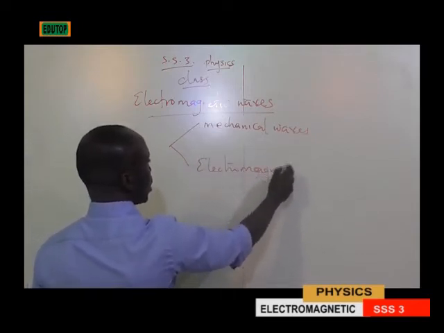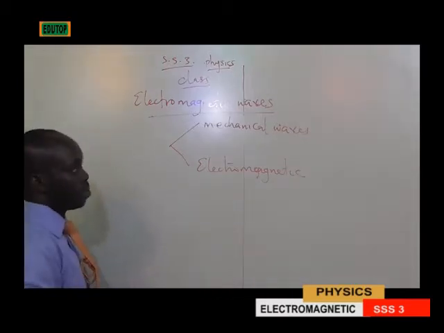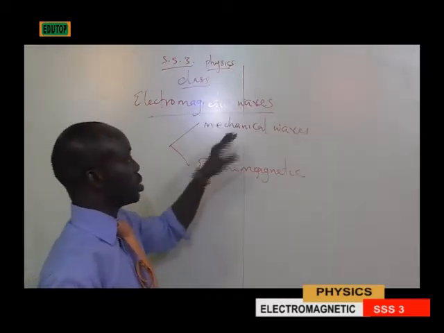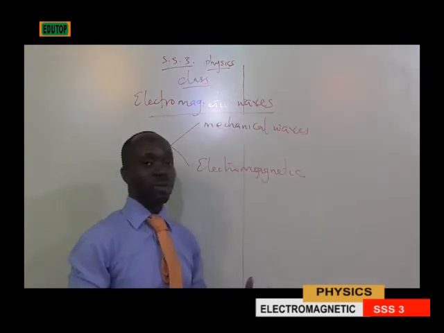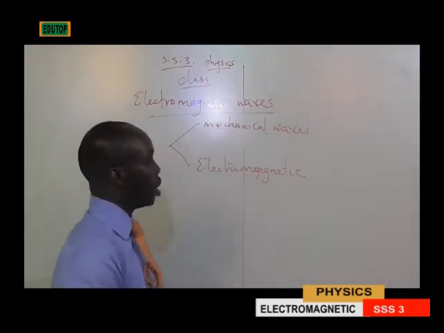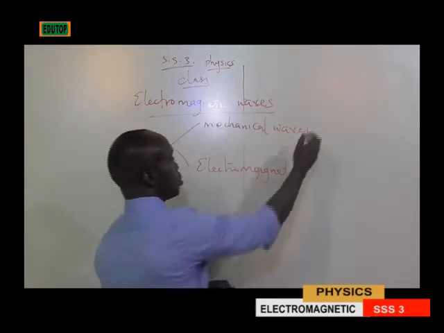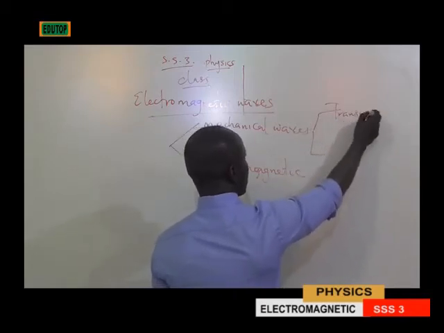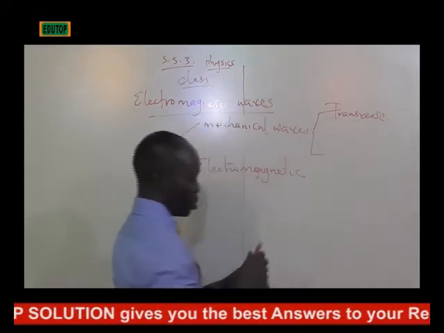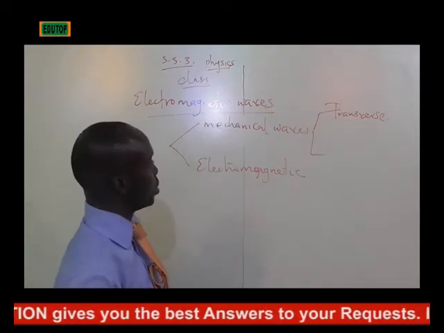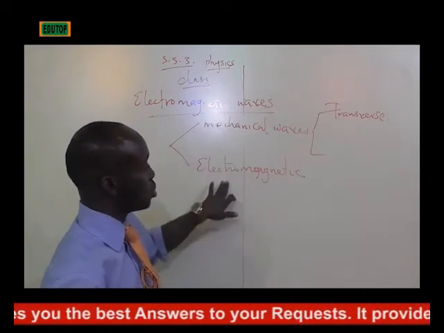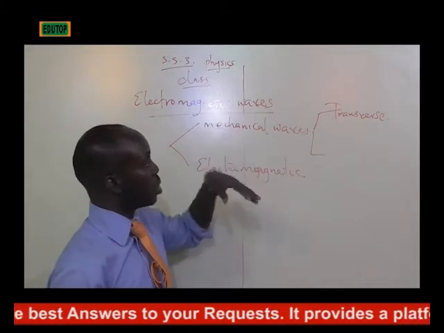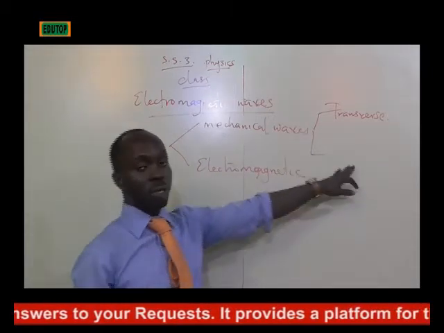Under mechanical waves, we said they deal with waves that are physically occurring, like the transverse wave and the longitudinal wave. I have to do all this so that you'll be able to differentiate between mechanical waves and electromagnetic wave.